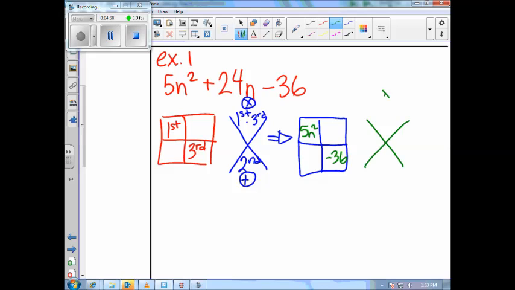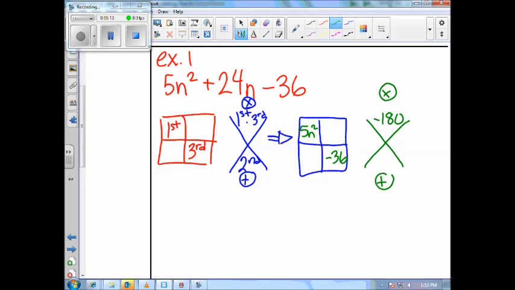Now here comes the change. We must take 5 and negative 36 and multiply them. So what is 5 times negative 36? 180. Oops, I typed something really strange. Negative 180. Okay, and then we look to add always to the middle term, the middle coefficient.